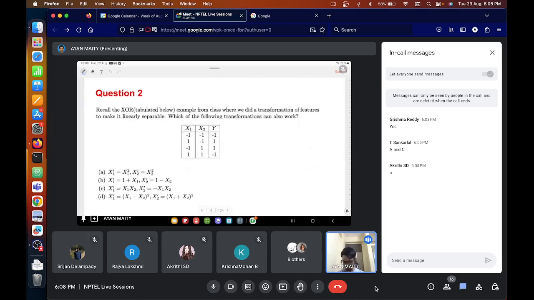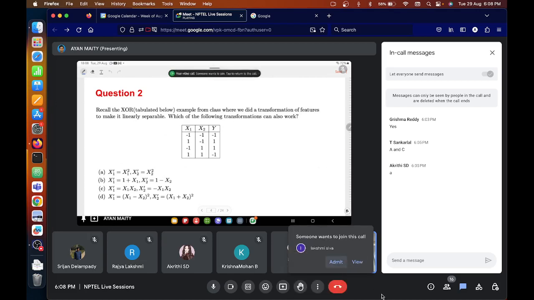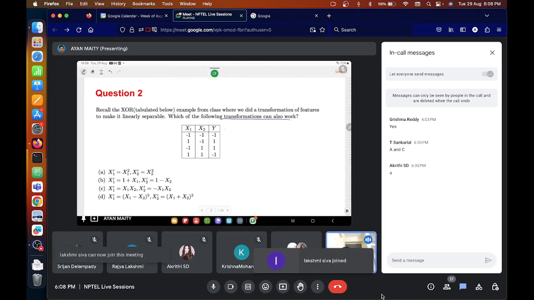Now question 2. This is the XOR table, basically XOR example from the class where we did a transformation of features to make it linearly separable. Which of the following transformations can also work? This is the table given, and if you simply plot these points, you will see that these points are not linearly separable.